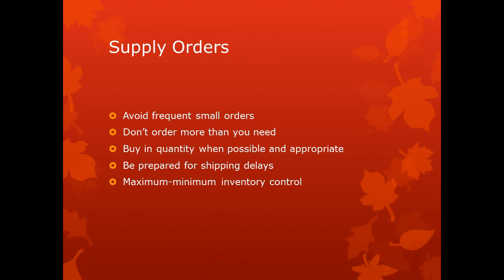So we could buy, let's say, 10 or 12 per year, and probably save maybe $10 or $12 a cartridge if we bought them 10 or 12 at a time, maybe once a year, and kept them in inventory.